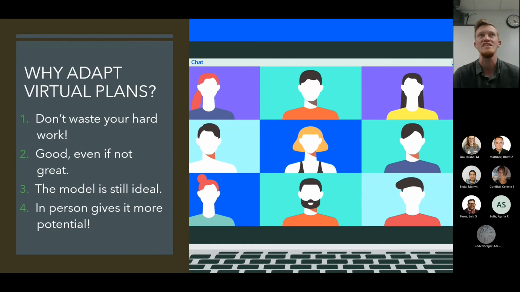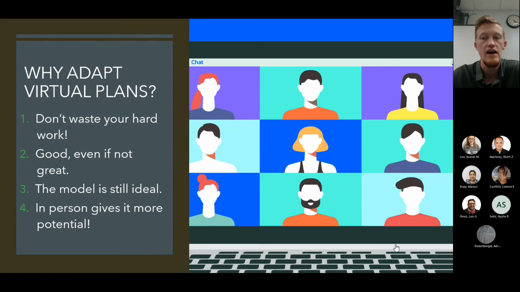Additionally, the model that we did in our virtual time was actually pretty good. Now, some of us may have done some days that were very brief, and maybe that doesn't exactly work now that we have kids in person. But if we had a lot of virtual students, maybe we did that 30-minute synchronous time.